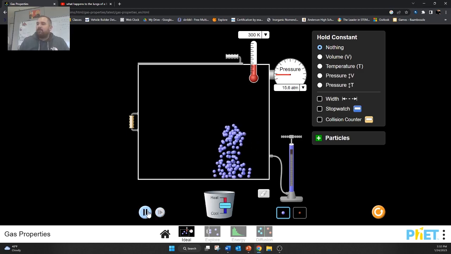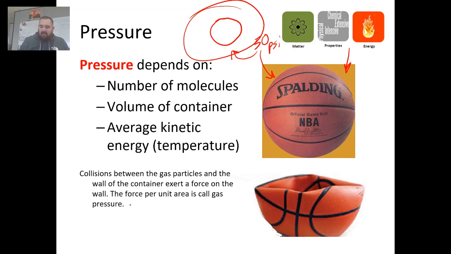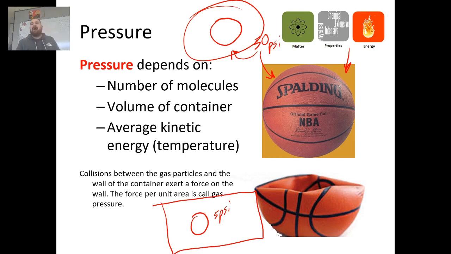Why is that important? If we take a basketball, and it's got 50 psi, or 5 psi, whatever, and then we put it inside of a sealed box, is the box going to have the same pressure as the ball? No, it's not, because the molecules are not bouncing off the walls of the box.